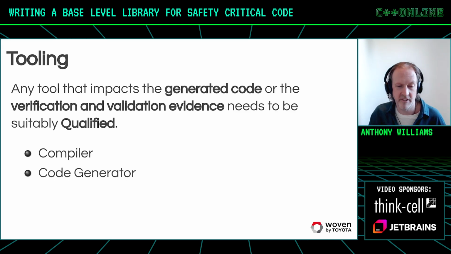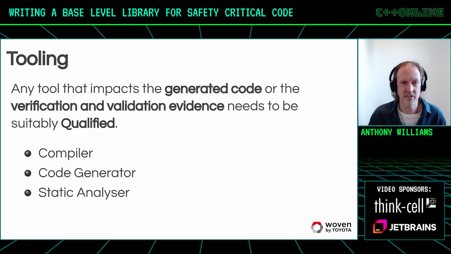If you have a code generator, so if you've chosen to do some form of model-driven development where you use a MATLAB or Simulink model and then generate some code, then your code generator needs to be qualified to demonstrate that the generated code matches what you've put in your model, so that again what goes on the vehicle actually is what you intended.